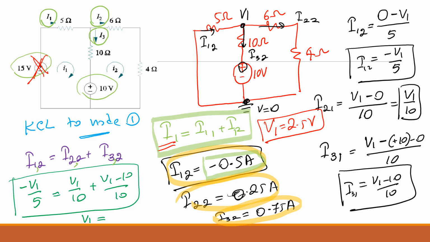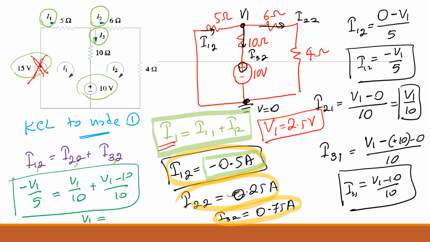Negative 2.5. 2.5 volts is right. Am I right? Is 2.5 right? 0.25. Yes, I1 is negative.